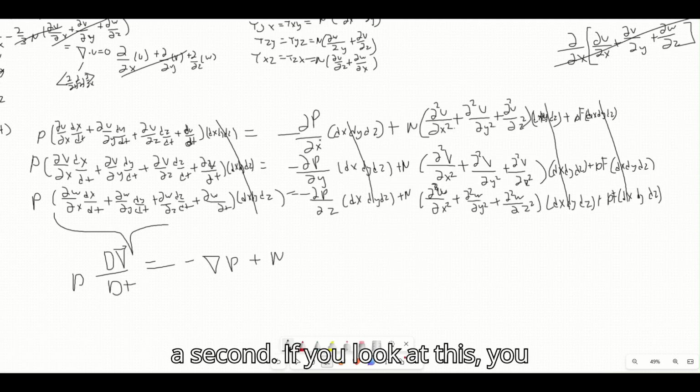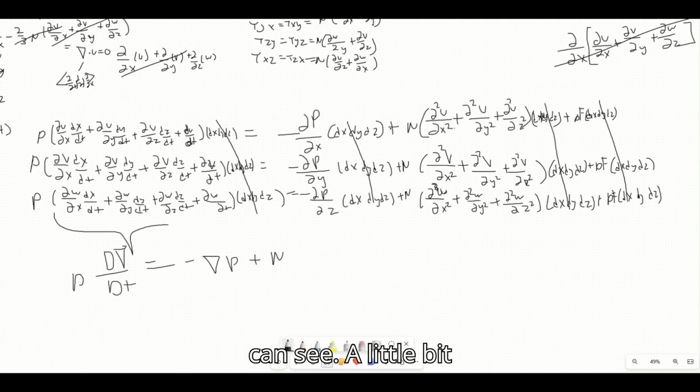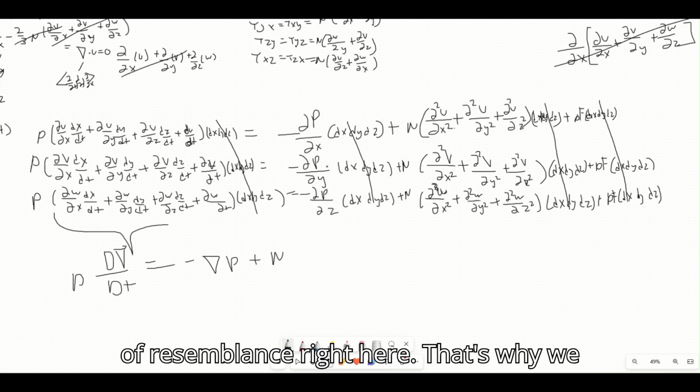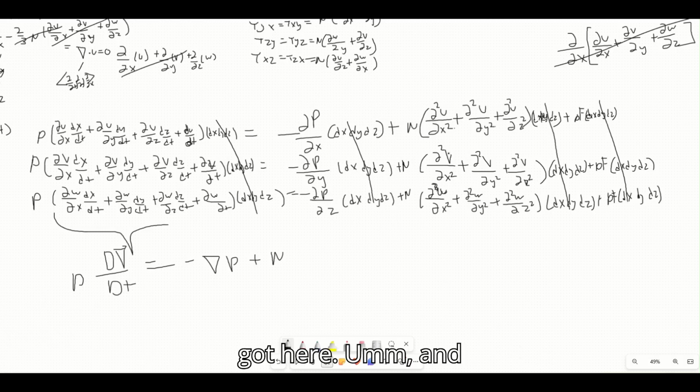If you look at this, you can see a little bit of resemblance, right? You have your x, y, z. You have your u, v, w, and this is actually a Laplacian, which is a second derivative of velocity.